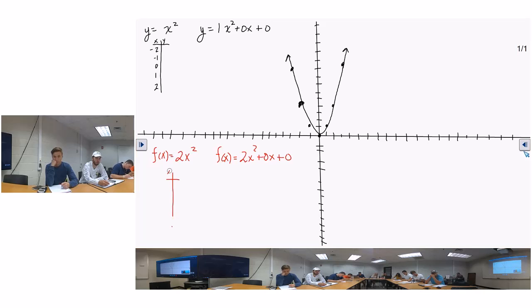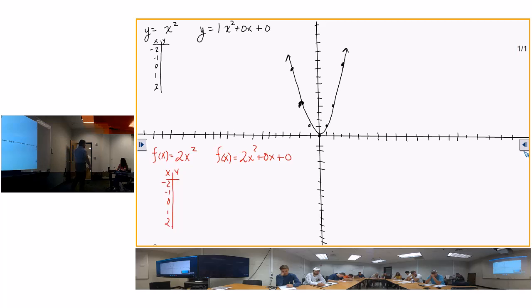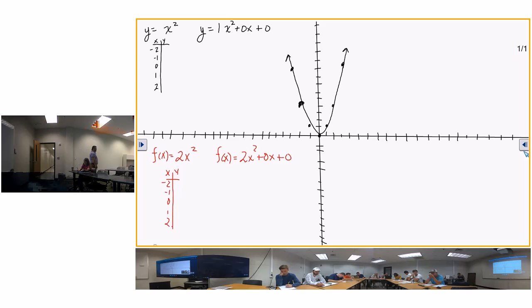Do the same points, -2, -1, 0, 1, and 2. And do it in a different color, please, because the whole point of this is we're going to see what's going on with all these numbers in front of these variables.